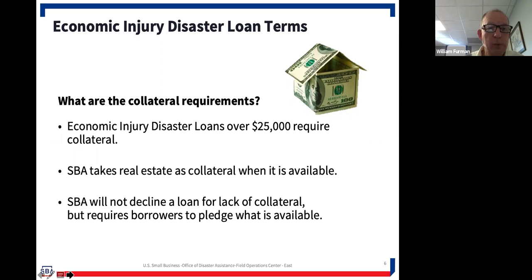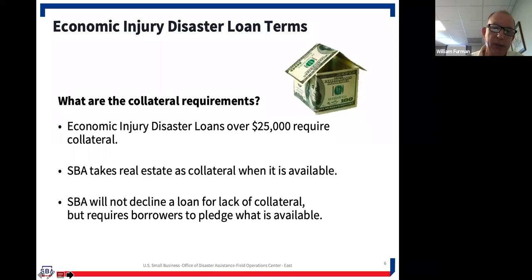That's some good news. So the economic injury loans, the EIDLs, come directly from the U.S. Treasury. Thus, one of the problems with us, SBA, having to close the application portal. Those funds are being exhausted, and so we did have to close the portal temporarily because those funds do come from the Treasury.